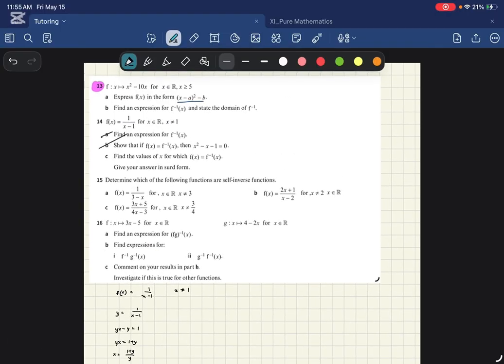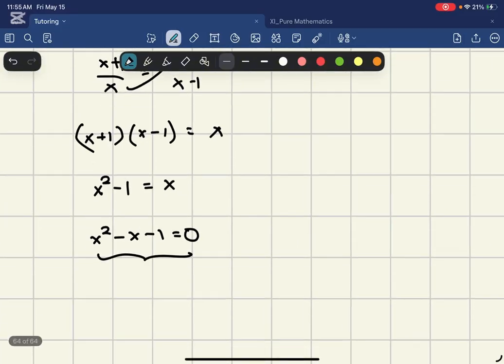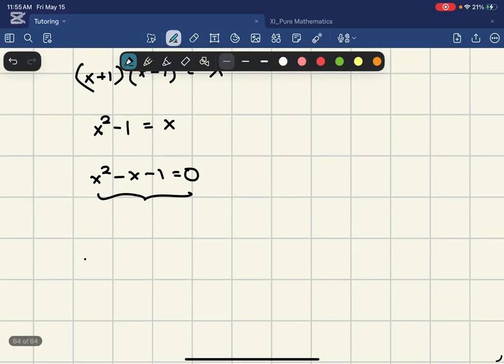All right. So find the values of x for which this equation is satisfied. So basically, they want us to solve this equation. So we'll use the quadratic formula. a is 1, b is negative 1, c is negative 1, right?